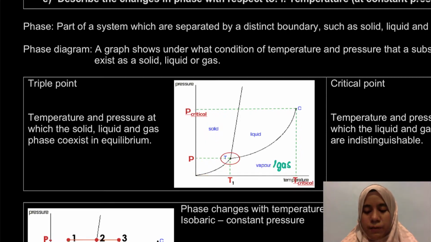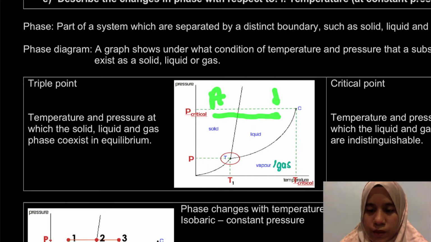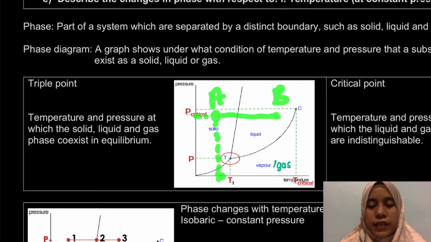For example, I'm going to use this highlighter because we will look at an example. Here on this green line there is point A and point B. At point A, for a given pressure and temperature, we know the system is in the solid state.